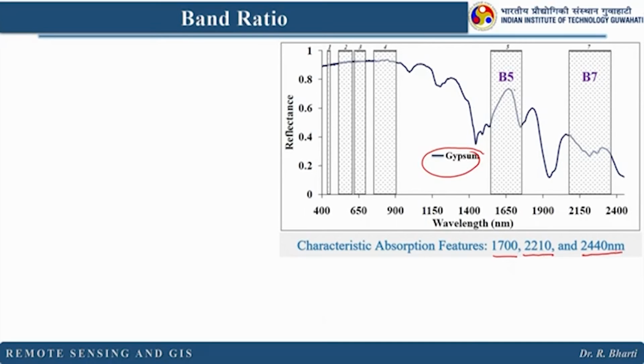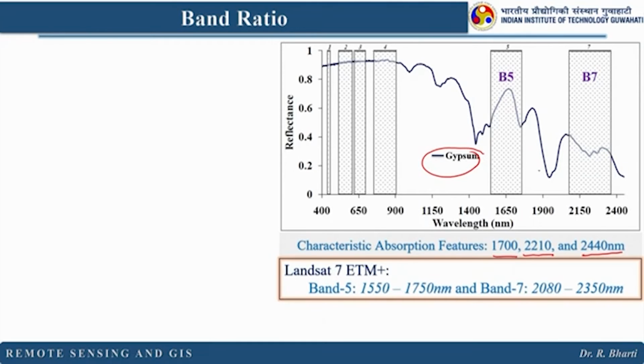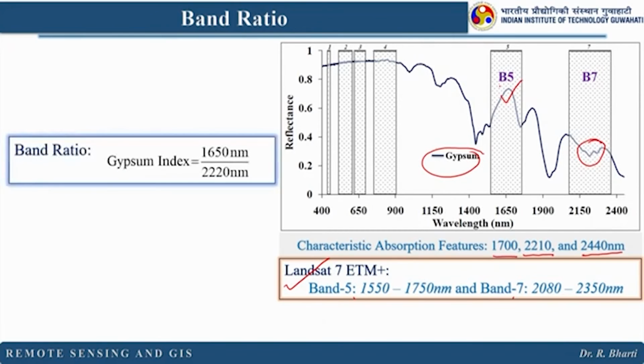In the case of this particular material, we have used Landsat 7 ETM plus data, where band 5 and band 7 are used because they are actually capturing these two phenomena, right. And if you have these two bands and this information, you can easily highlight the location of the pixels having gypsum using this band ratio.